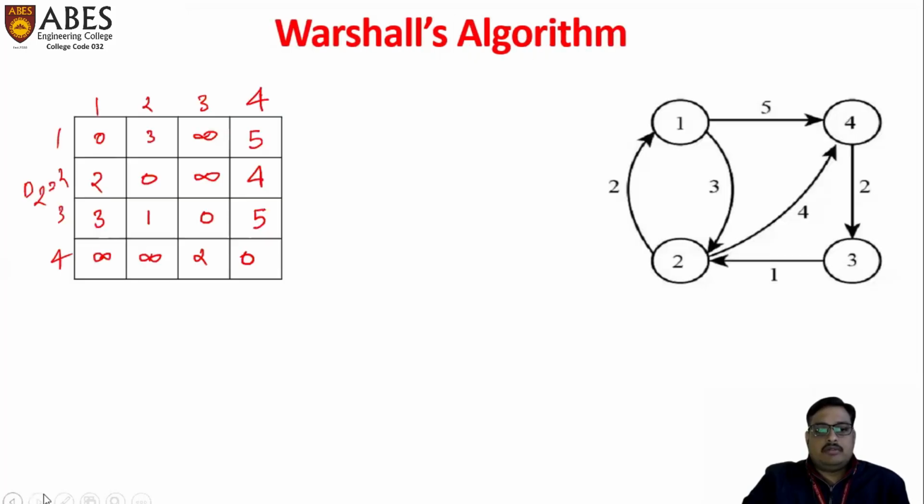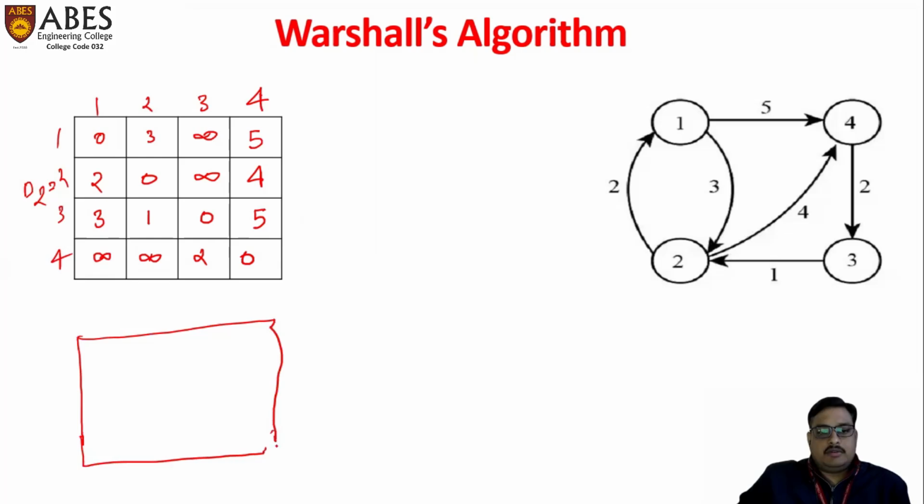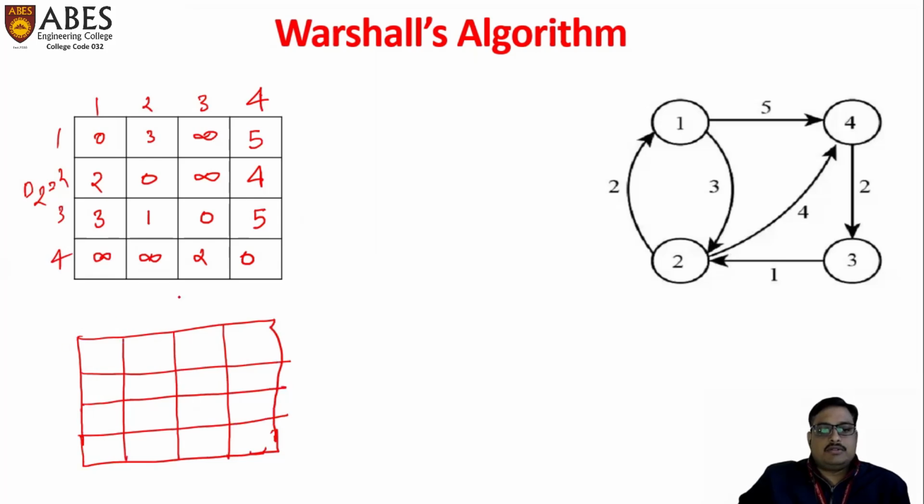Now let us compute D3 when 3 is considered as the intermediate node. Let me draw one more matrix here, with four rows and four columns because we have 4 vertices: 1, 2, 3, 4 and 1, 2, 3, 4.